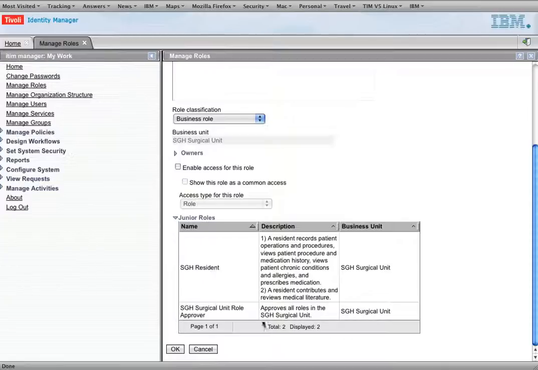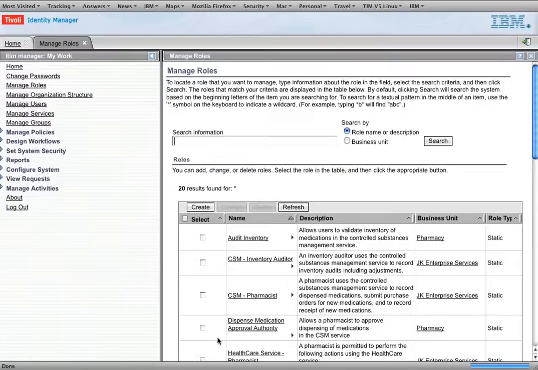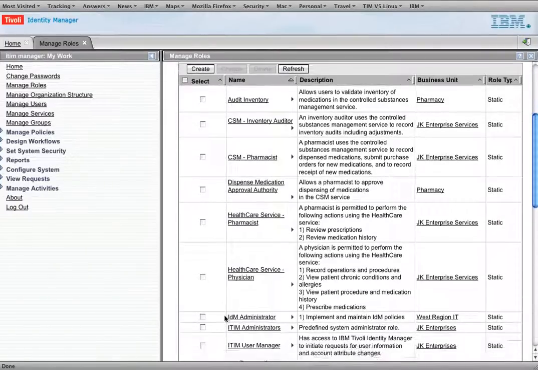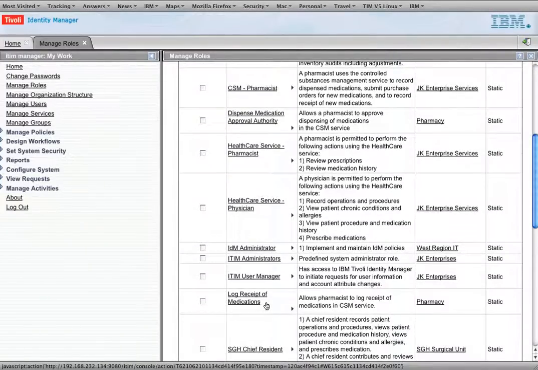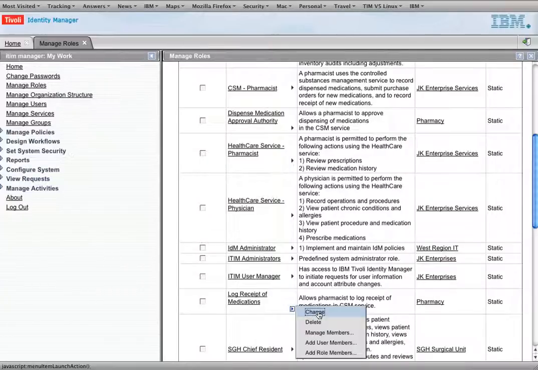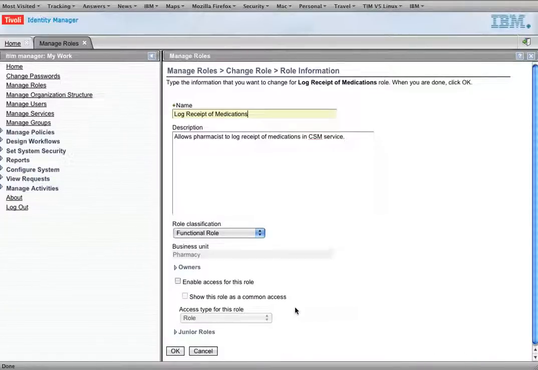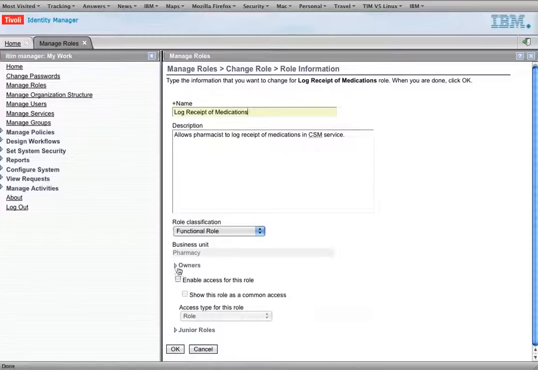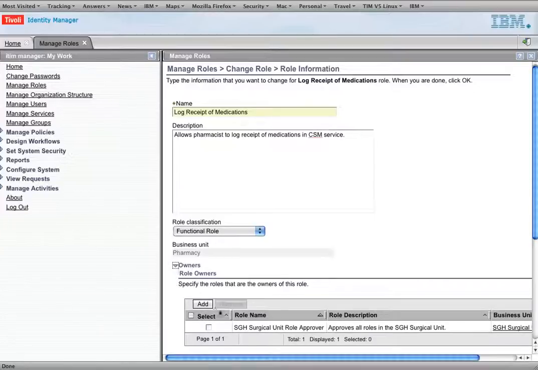For example, if we go back to the roles and we look into a role that we are going to be doing a lot with, which is Log Receipt of Medications, and we look at this particular role and look at the owners, we find out that SGH Surgical Unit Role Approver is the actual owner of this role.